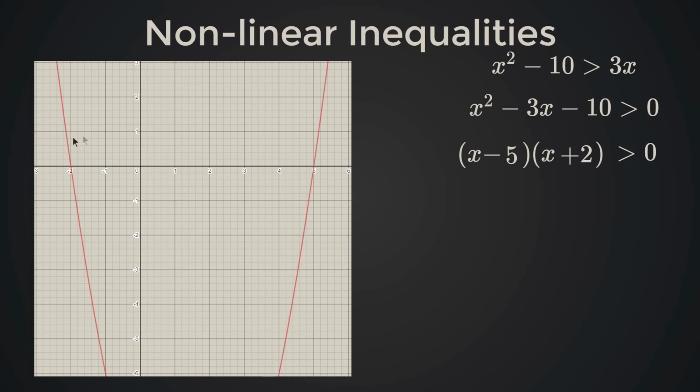Parabolas keep going towards infinity, as you already know. So our answer would be x is in the intervals negative infinity to negative 2 and 5 to infinity. Notice that we do not include negative 2 and 5 since it's only asking us for greater than. If it was greater than or equal to, then we would include these values.